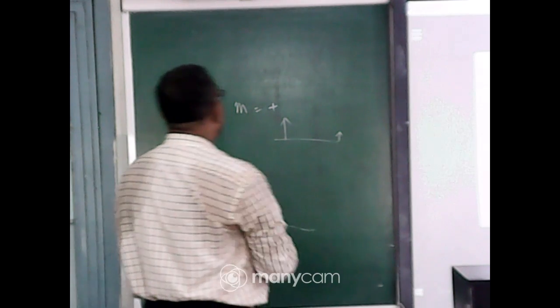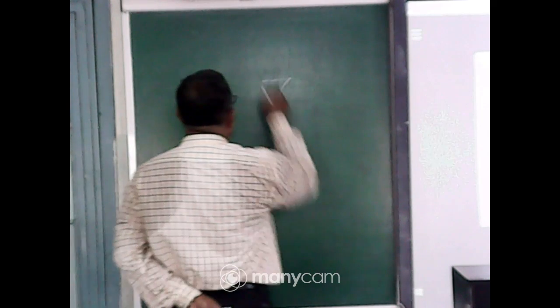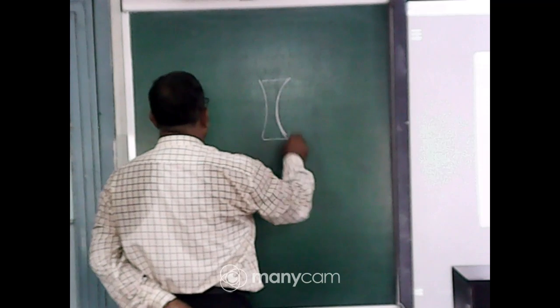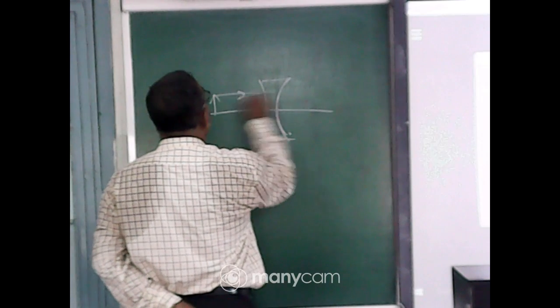Okay. So my dear student, when you see your numericals, that time you see the plus or minus sign, the real or the virtual. Suppose you consider it with the help of the concave lens. Object is here, suppose you draw the diagram.